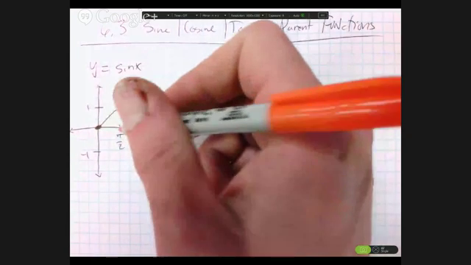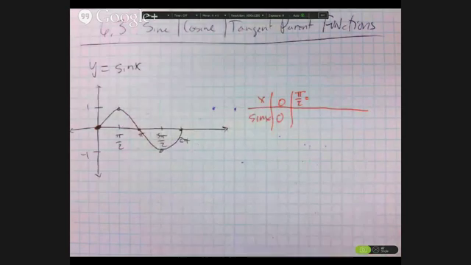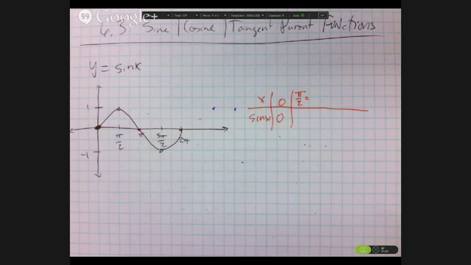That's pi over 2 right there. You're guessing. Use the conversion formula. Pi over 2 times 180 over pi.